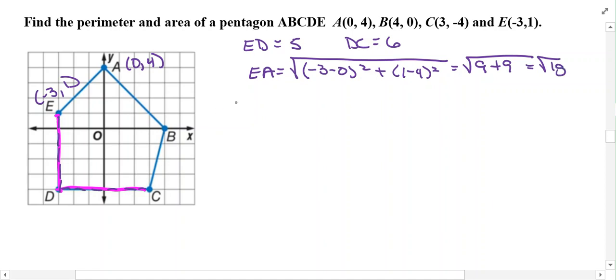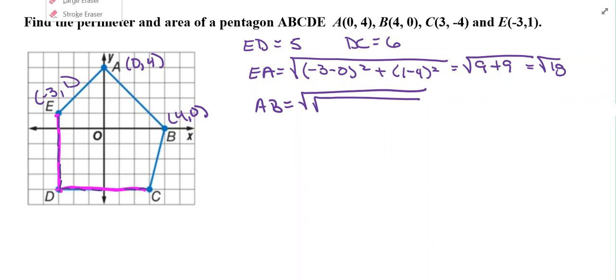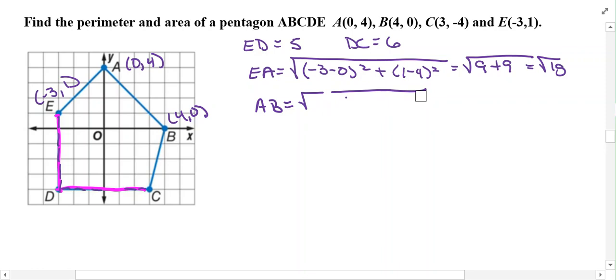Then I'm going to need to find the distance of AB. For AB, the point B is (4, 0). So I have the differences in the x's squared plus the differences in the y's squared.